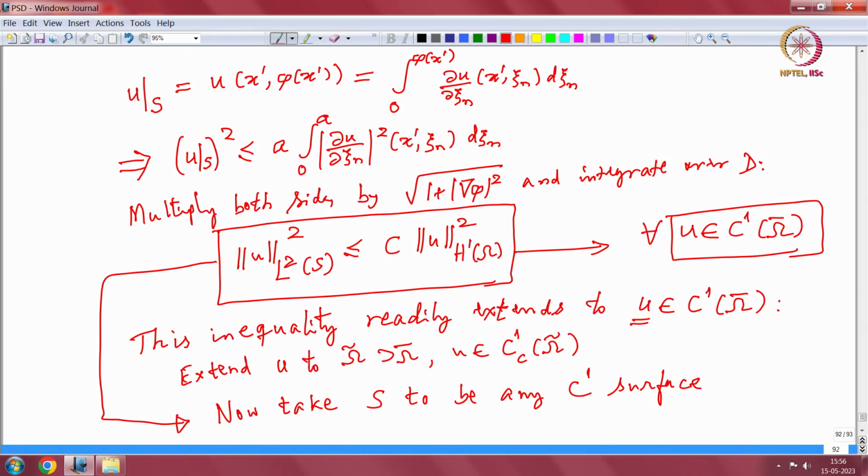We have derived this for only a simple piece, but now you join together. So, that is valid for any C1 surface. I forgot to tell that, because this is only for one simple piece, but then you use the definition of finite union and you get that.